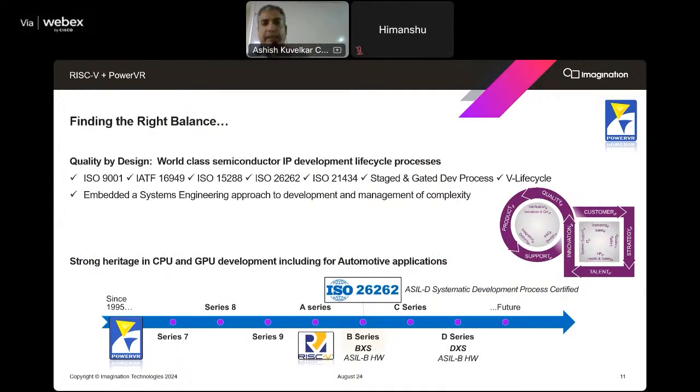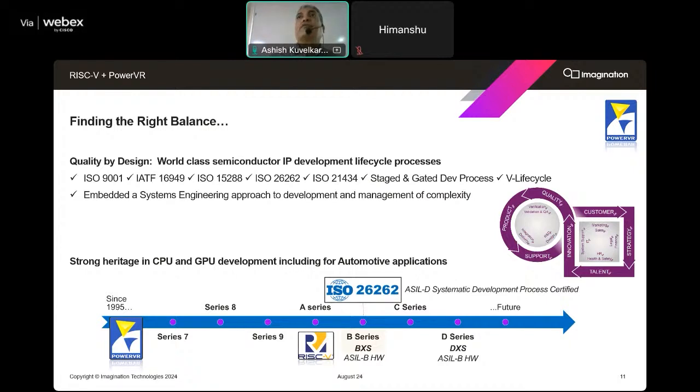And then again, just ignore the fact that there might be a little bit of company-specific information here. When you get into the automotive space, you've got to understand that you need a development life cycle that has stood the test of time and understands what it takes to develop automotive product.